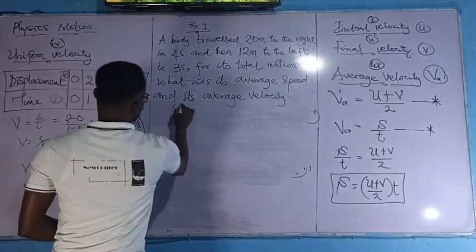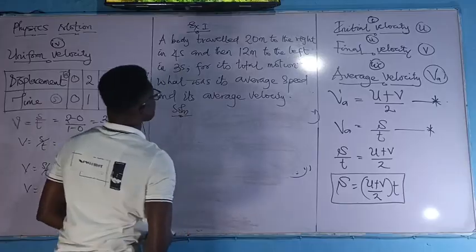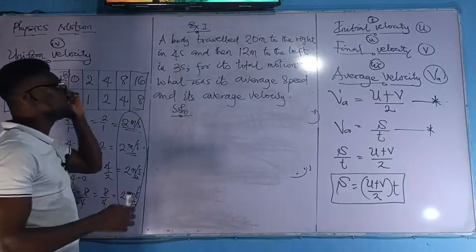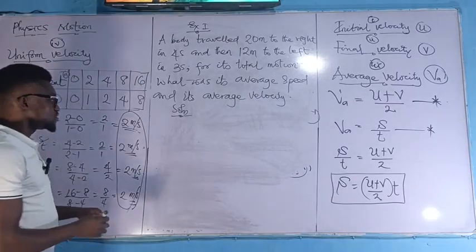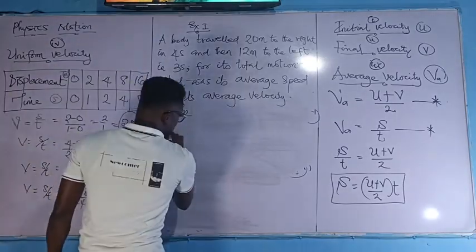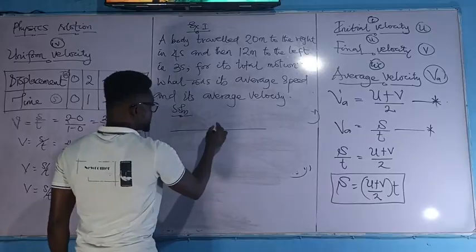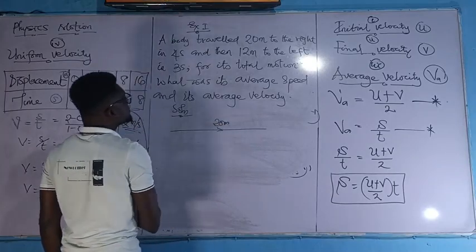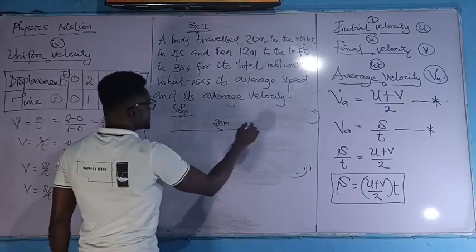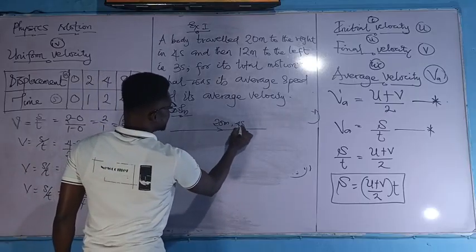So, solution to the question. A body traveled 20 meters to the right. So we have the body traveling 20 meters to the right in a time of 4 seconds.